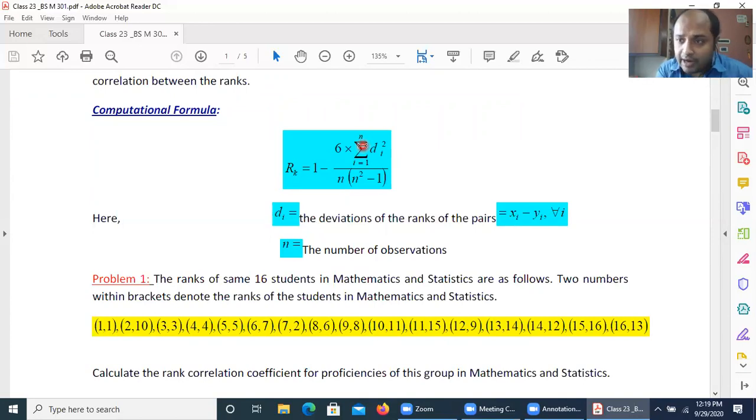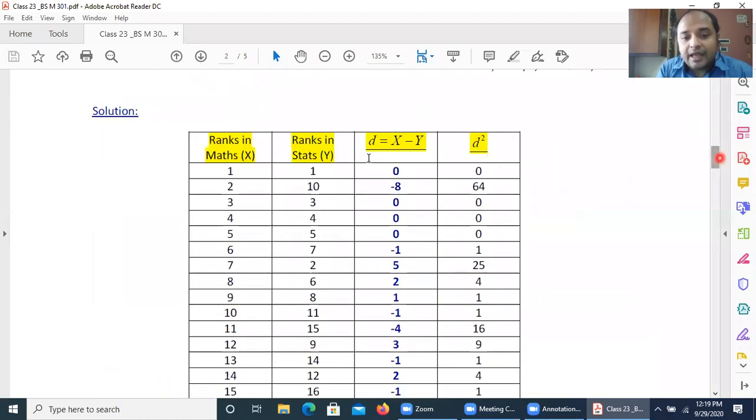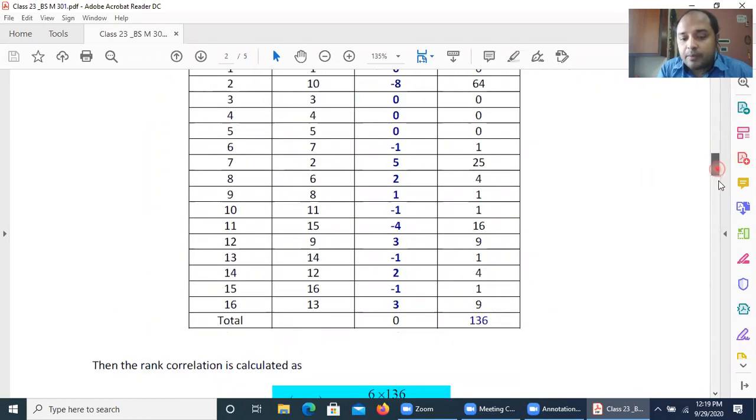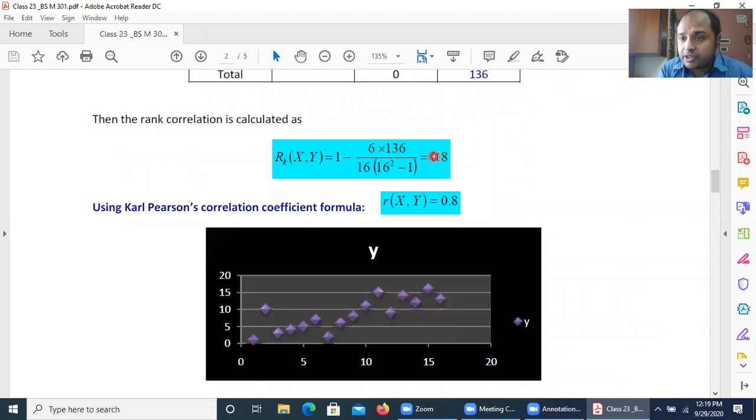But if you find it in the book and try the derivation by yourself, you will find that all these covariances and variances are actually present. So Spearman's rank correlation coefficient formula has a special form, but its base is Karl Pearson's correlation coefficient formula. You can take the help of Spearman's formula to find the correlation between these two items.